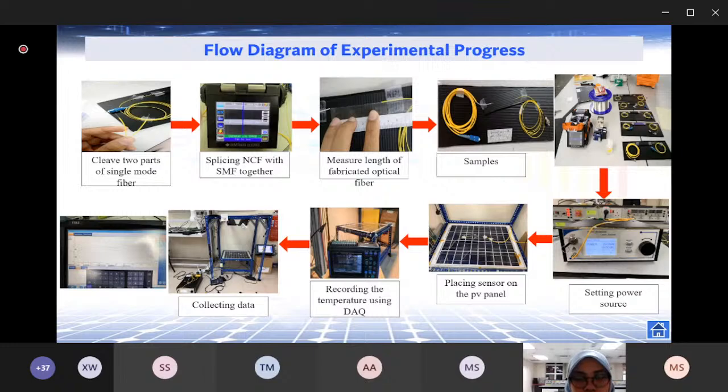While we splice the two types of fibers, there should not be much loss, because too much loss will lead to a poor result at the end. The second part is to test the optical sensor on the PV panel. I will place the sensor on the PV panel and record the temperature using the data acquisition, collecting data which will be generated on the PC.